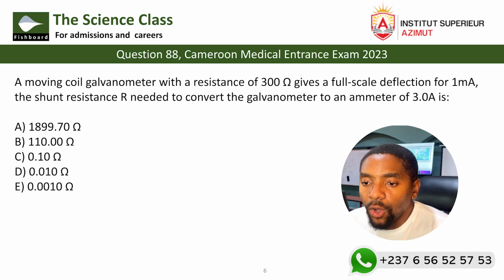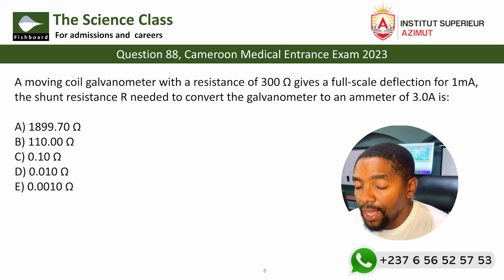A moving coil galvanometer with a resistance of 300 ohms gives a full-scale deflection of 1 milliampere. The shunt resistance R needed to convert the galvanometer to an ammeter of 3 amperes is?